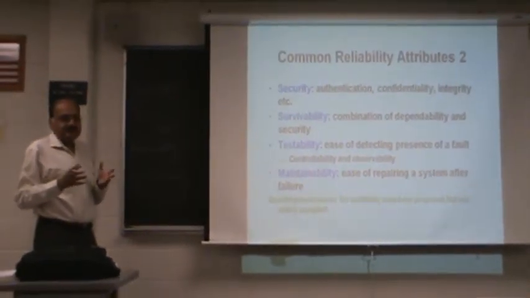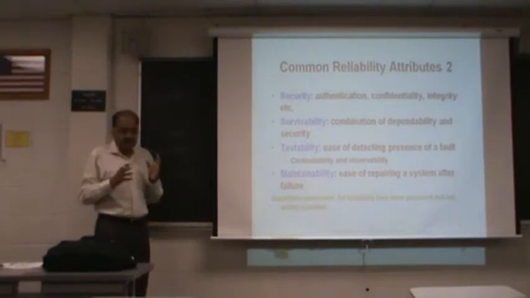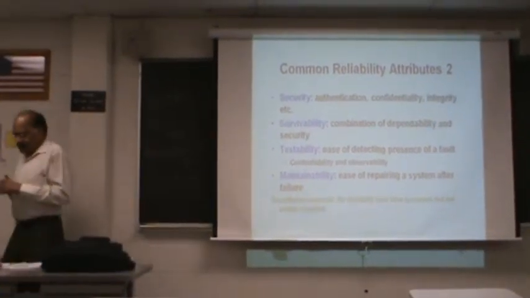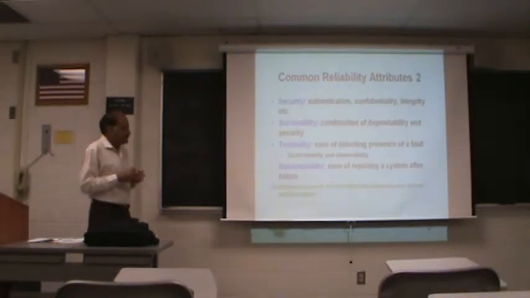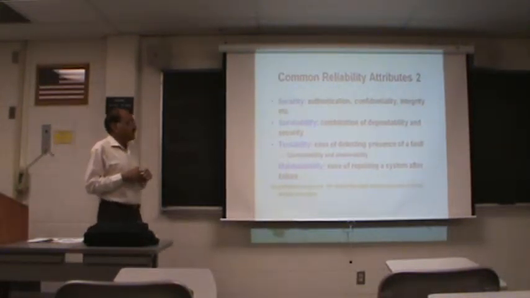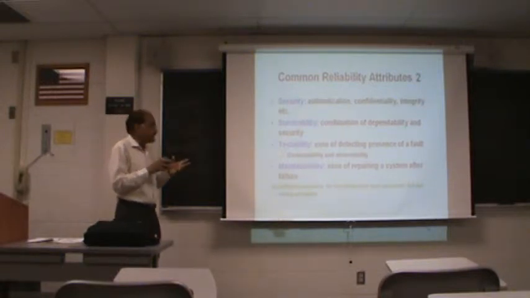Now, some of these measures, some of these reliability attributes, have a well-defined expression, but others are more concepts. For example, when you talk about survivability, it is usually a concept rather than a number that you can come up with.